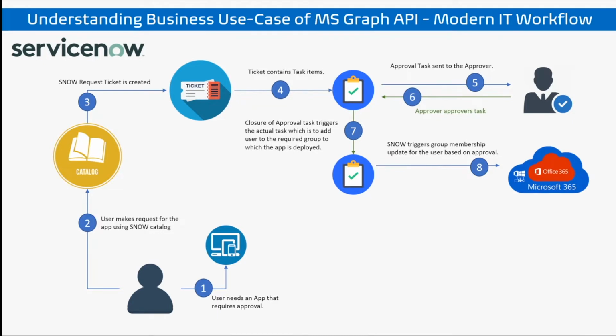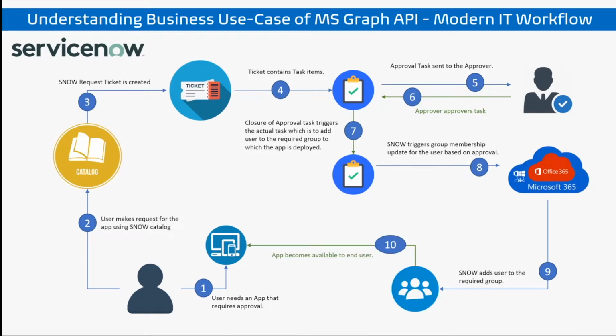It does not have to be Microsoft 365, but since we are talking about Microsoft Graph API, we are talking about the Microsoft Cloud in general. And what it does is Snow adds the user to the required group in Azure AD. The app becomes available to the end user. The task is completed based on the response that it receives from the Microsoft 365 Cloud, and the ticket gets closed.